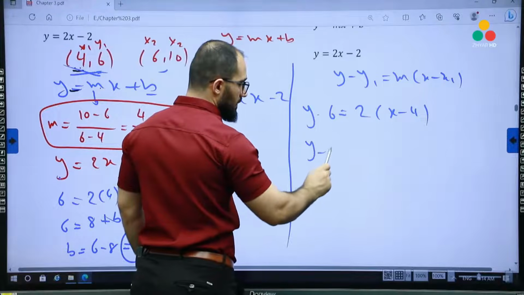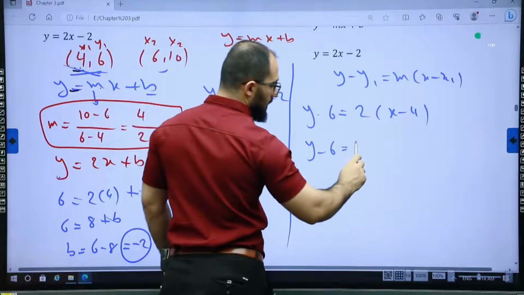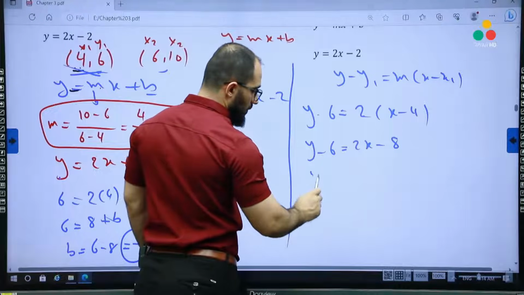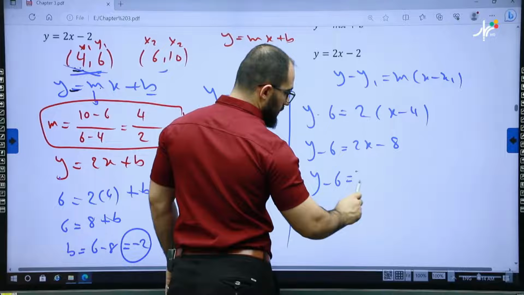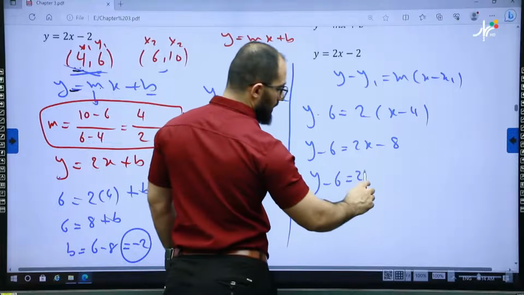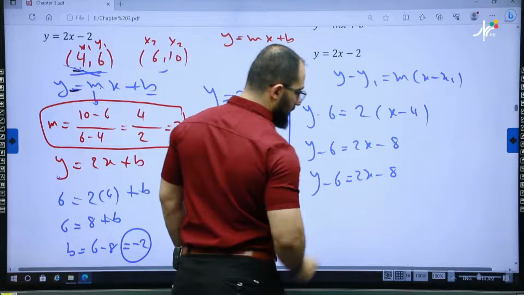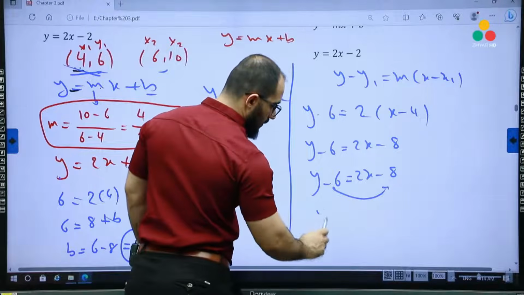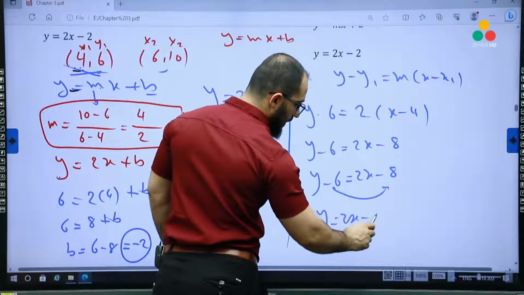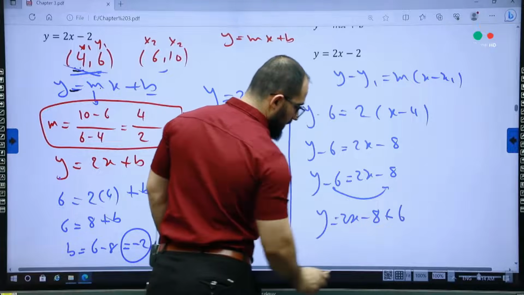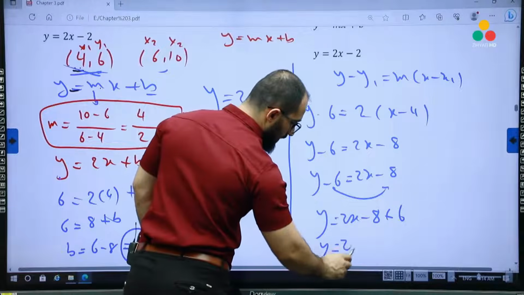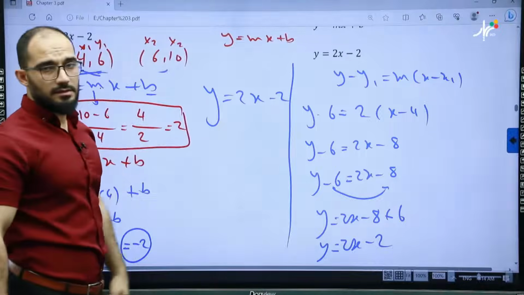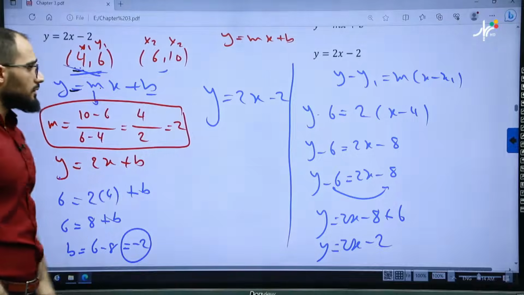Then y minus 6 is equal to 2x minus 8. So move the 6 to the other side: y is equal to 2x minus 8 plus 6. Then y is equal to 2x minus 2. So you have both ways. It's up to you which one you choose.